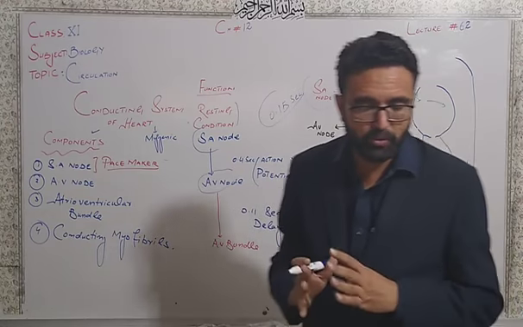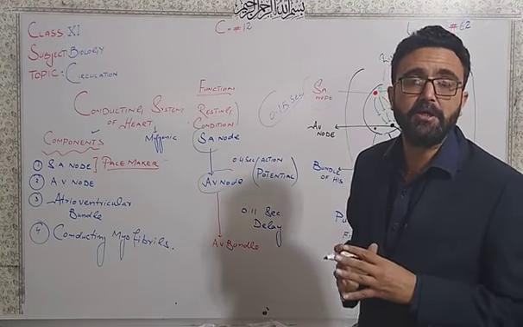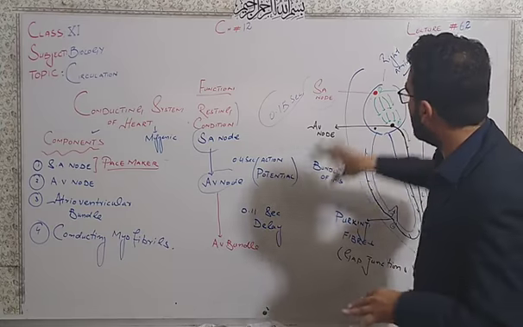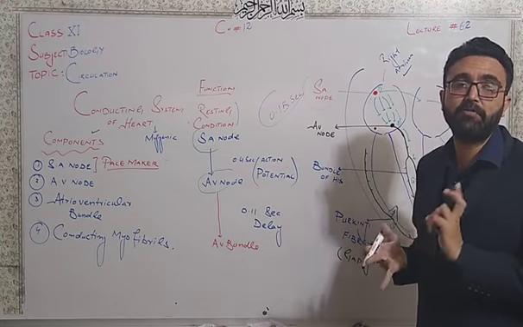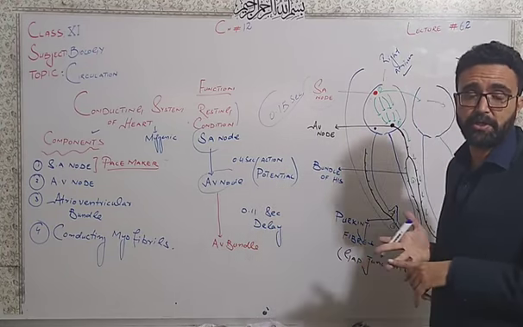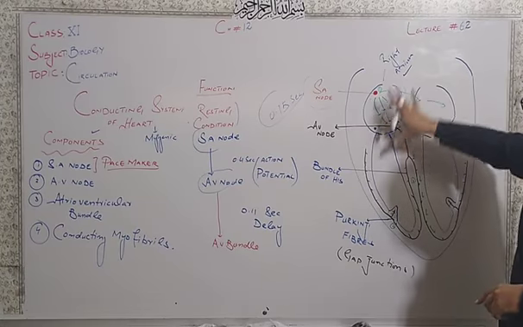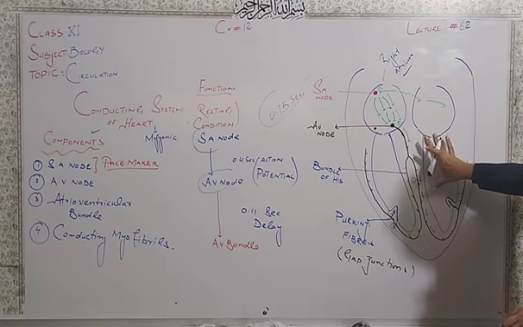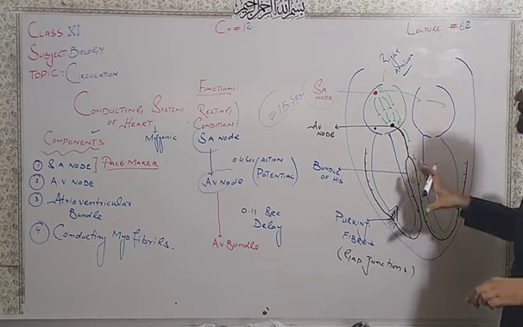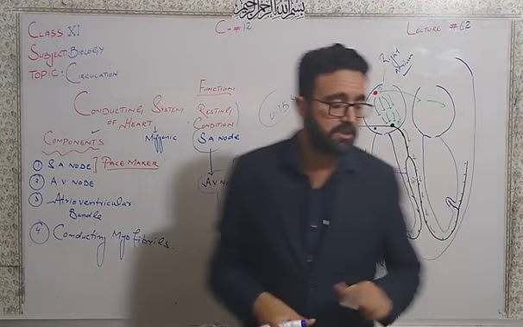What this will do is allow completion of atrial contraction. Atrial contraction will be completed, and after that, ventricular contraction will start. So my dear students, this is the conducting system of the human heart, and this is the structure.